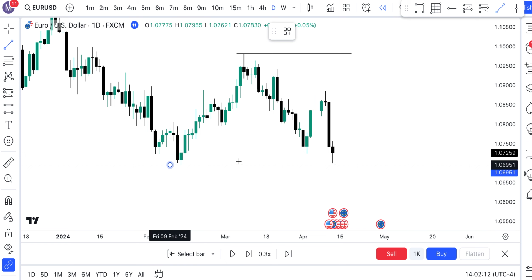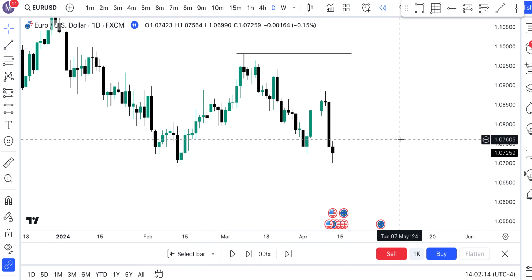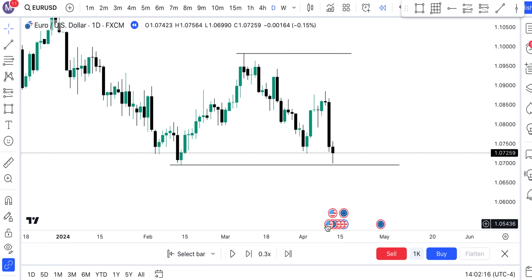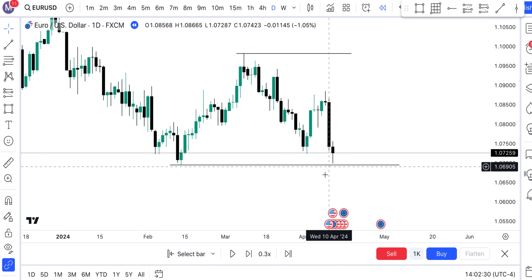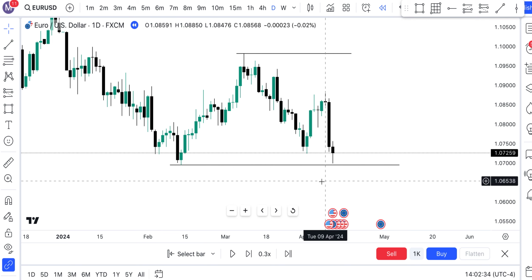Is there a liquidity sweep down here? This low here? Sell side? Has there been a liquidity sweep? Let you guys figure that one out. No. Why? Because we haven't taken it out yet. If price comes and pushes past this low, then yeah, that'd be a liquidity sweep.